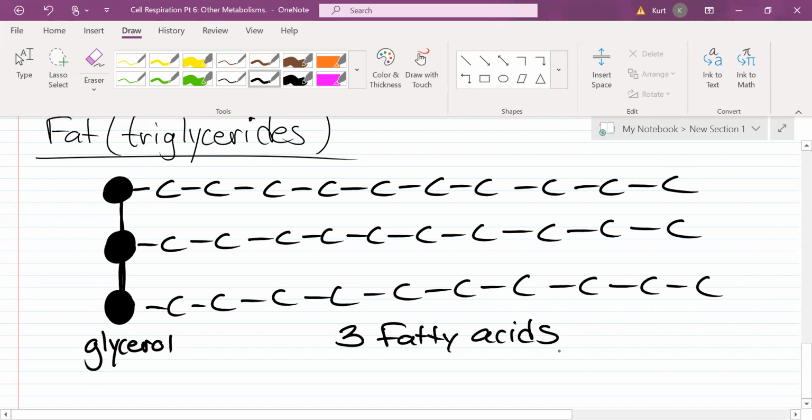There's 10 carbons in each of those fatty acid chains, guys.